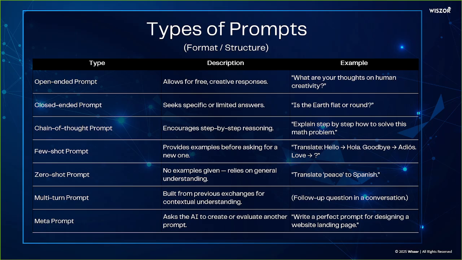See here, you are the person actually deciding what you are looking for. In chain of thought, the AI takes the responsibility to explain each and every step by step.